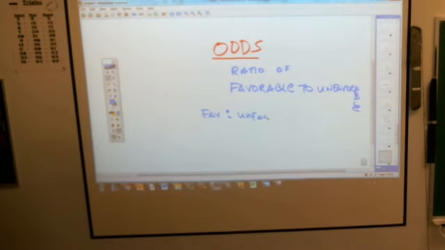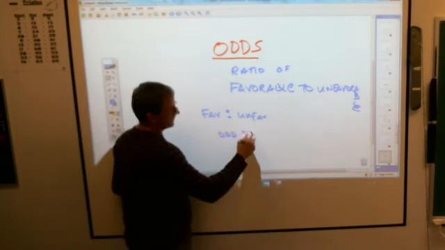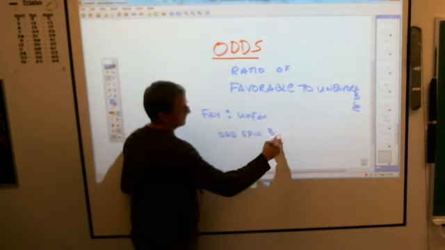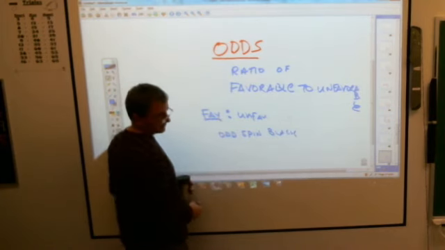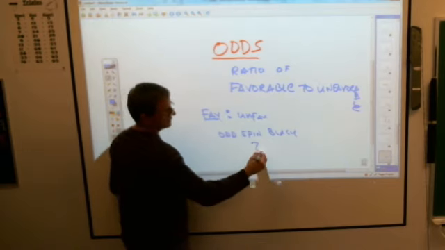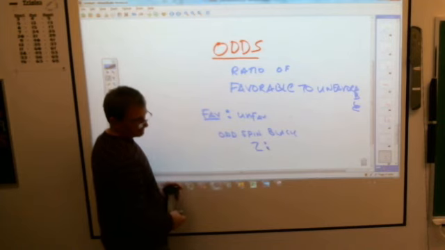For example, looking in the book, what are the odds of spinning black? The favorable is how many black pieces are there? Look in the book. Tell me, how many? 2. How many not black wedges are there? 6.